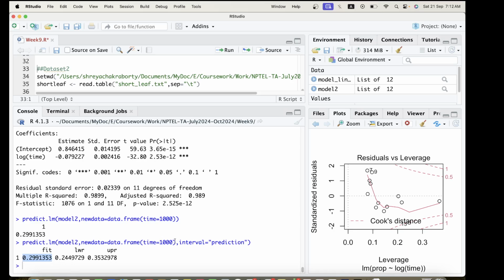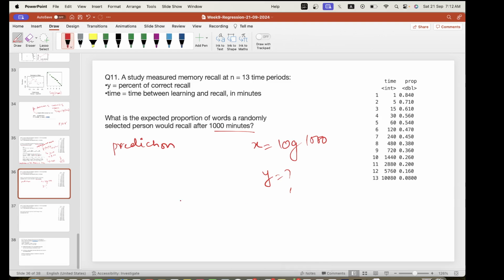The prediction interval that we get is usually a 95% prediction interval.